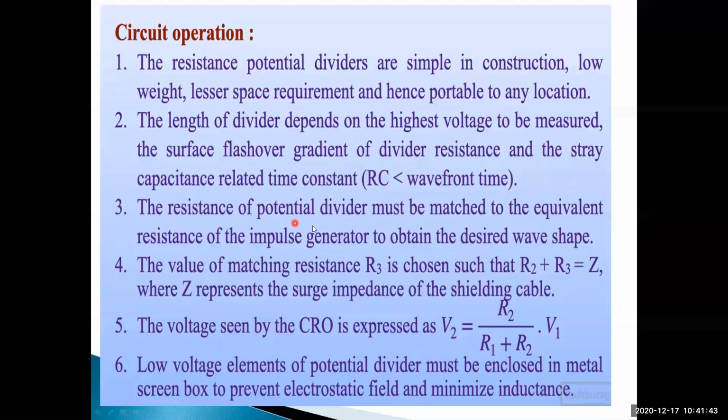And next, the potential divider must be matched to the equivalent resistance of the impulse generator to obtain the desired wave shape. Understood?